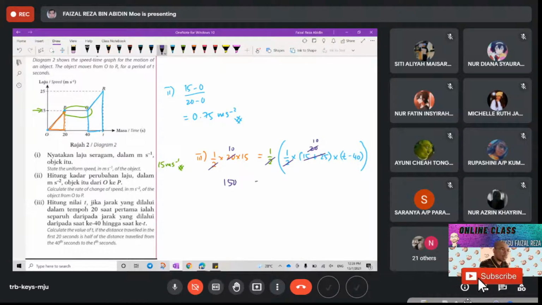Okay, so I'm going to get 10 times t minus 40. So I'm going to bring 10 to that, so 150 divided by 10 plus 40 is equal to t. So this one is going to be 15 plus 40, so I'm going to get 55. t is going to be 55 seconds.